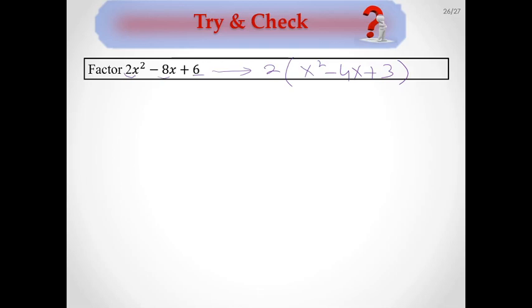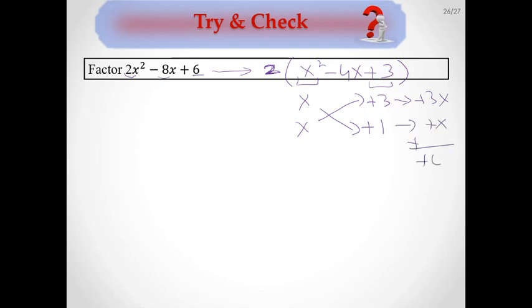Now 2 is out, so we can try to factor this one, x squared minus 4x plus 3. We have x and x, and we have some options here, but let's choose plus 1 and plus 3. But this gives you plus 3x, and this gives you plus x.